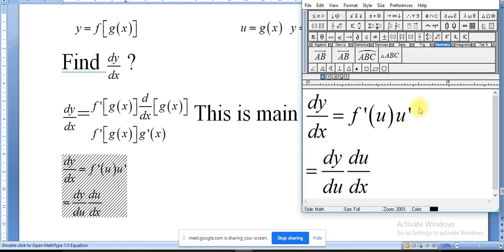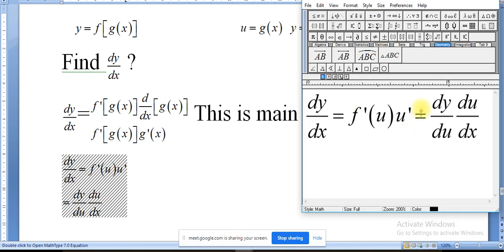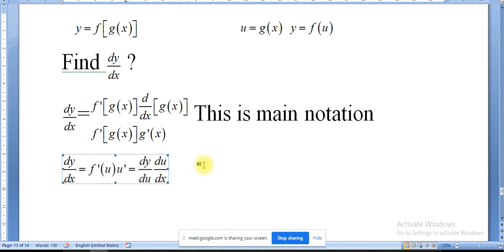See here, this part is very important. I will make you all go through this once again. Okay, we'll start from the first. Here y is equal to f of g of x, and we are asked to find dy by dx. What we should do?